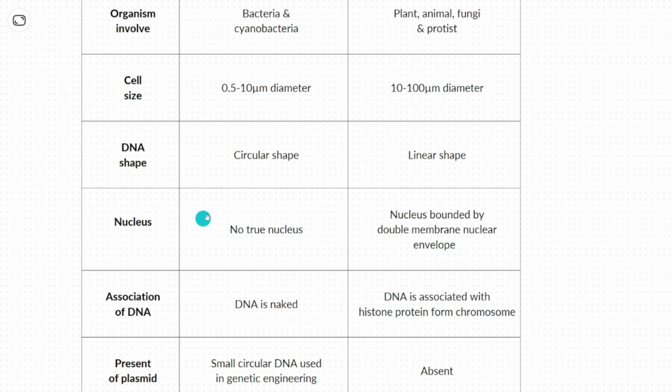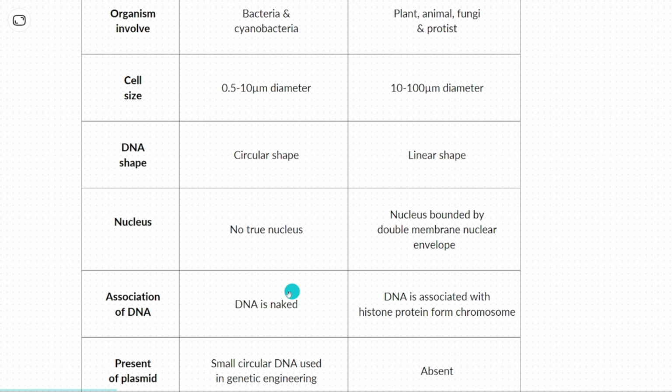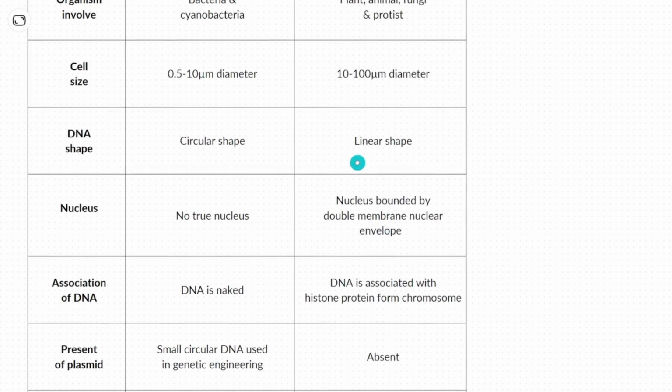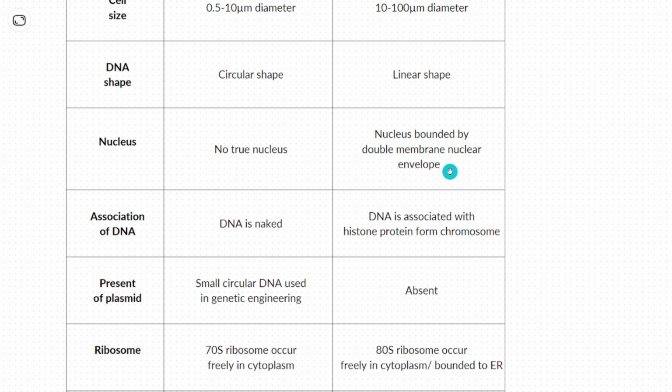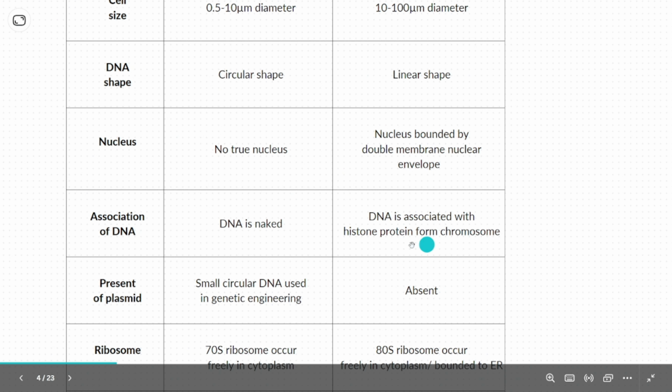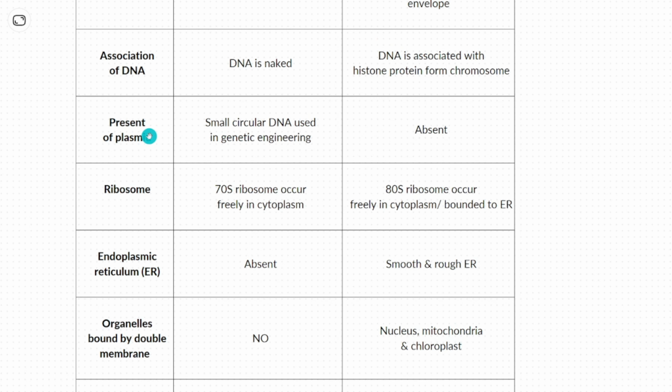And nucleus: in prokaryotic, there is no true nucleus. We call it a nucleoid, where the DNA is naked and not surrounded by a membrane. And in eukaryotic, the nucleus is bounded by a double membrane, the nuclear envelope. And then the DNA is associated with histone protein to form chromosomes.